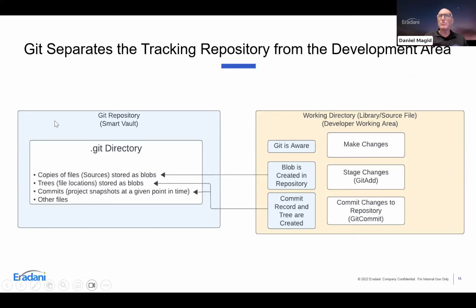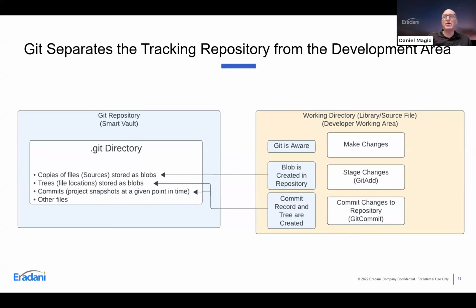Git is then keeping a repository, which is where it's actually tracking everything. So when you change a file, it puts a copy of that file into this separate repository. It keeps every copy of any file that you change, taking a snapshot each time.